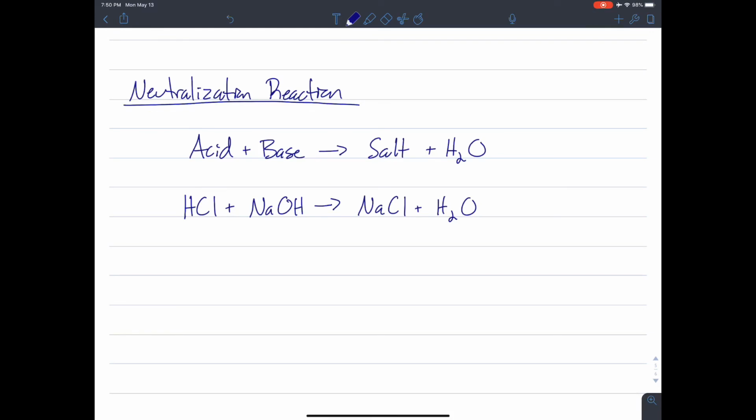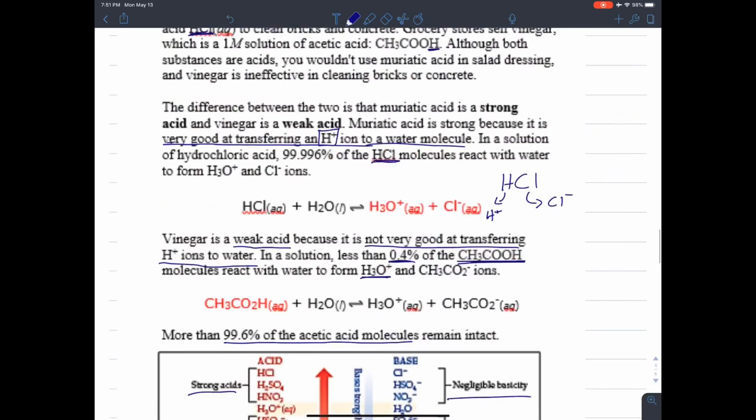But you see you have the acid, you have the base, and you have them combining to form a salt, an ionic compound, and water. So when you see something with an H, something with an OH reacting to form a salt and water, you have a neutralization reaction. That's another type of reaction that you may have to identify on a test.